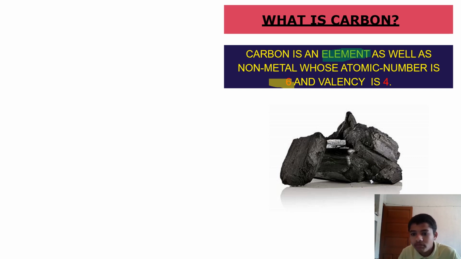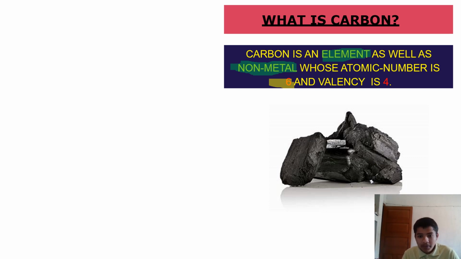Very good. Carbon is an element as well as a non-metal. Now what is a non-metal? You have studied about non-metals in the previous chapter: a non-metal doesn't conduct electricity, means when you try to pass electricity through a non-metal, it won't conduct. It is non-malleable, means it cannot be converted into thin sheets, and it is non-ductile, means it cannot be converted into thin wire.